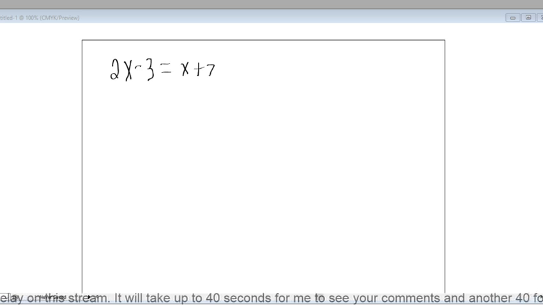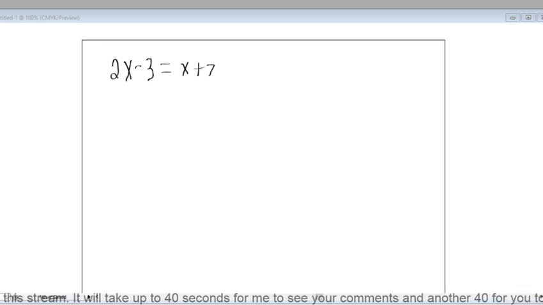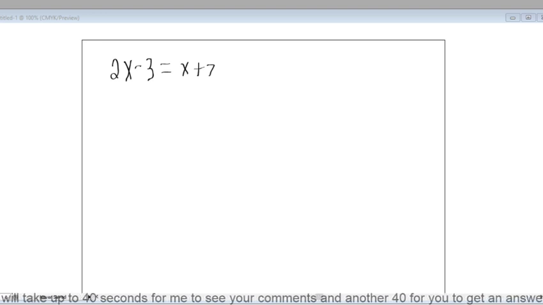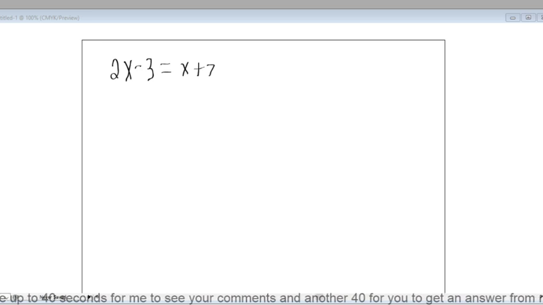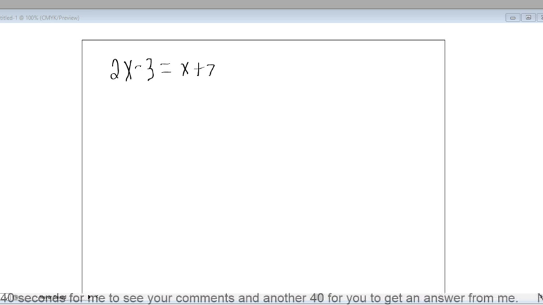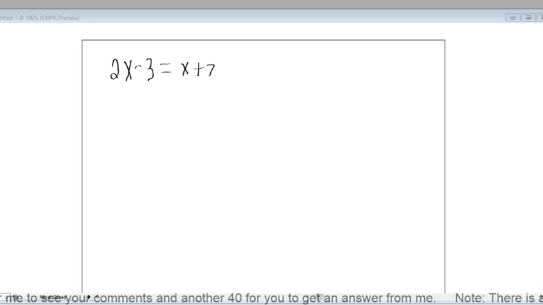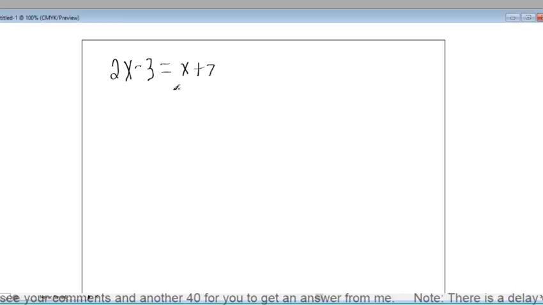So just as a quick recap, let's go ahead and solve this. First things first, I would want to get x by itself. For this one, I'm going to bring my x value, this one right here, to the other side.